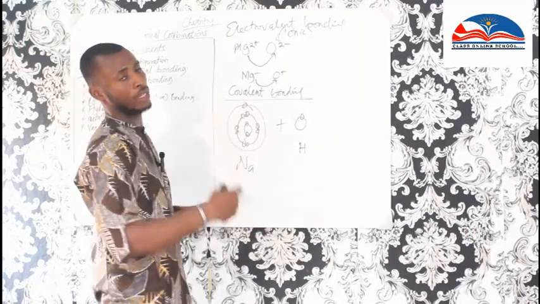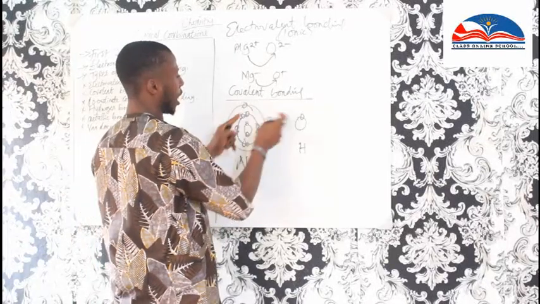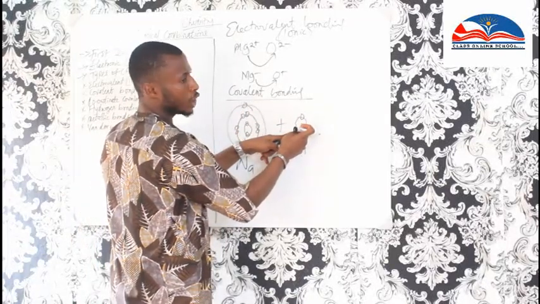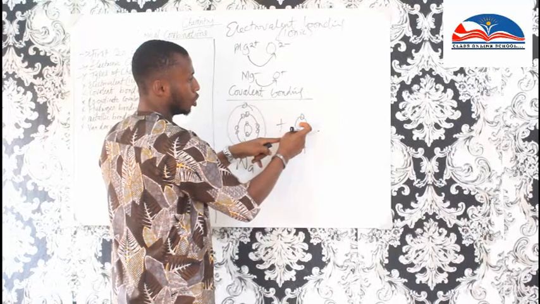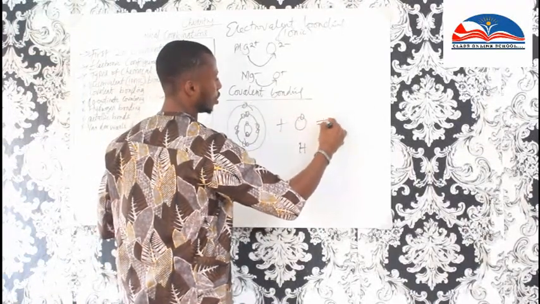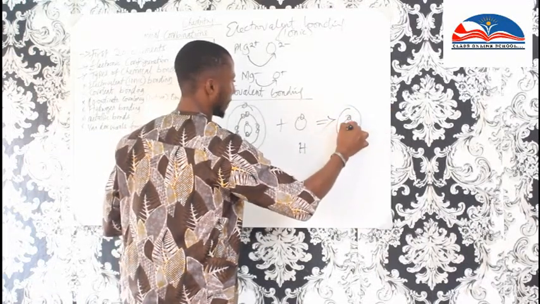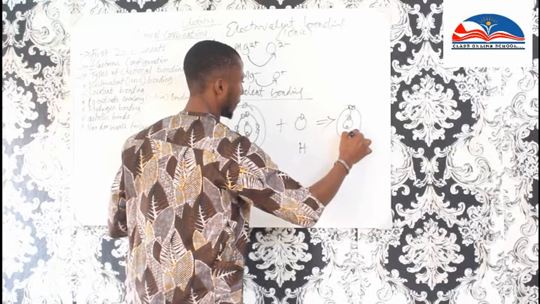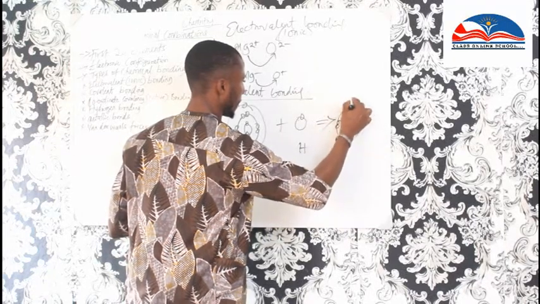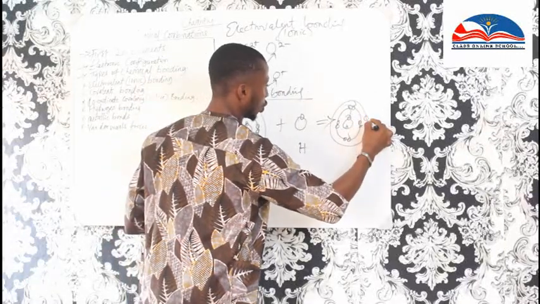Now, sodium has 1. What happens is that sodium will share with hydrogen to balance it up. This is what we will have, plus the hydrogen.